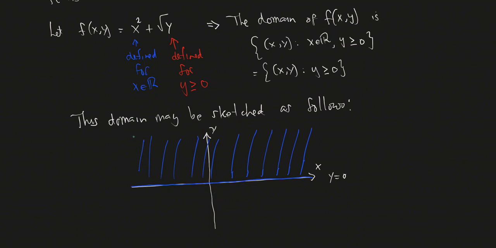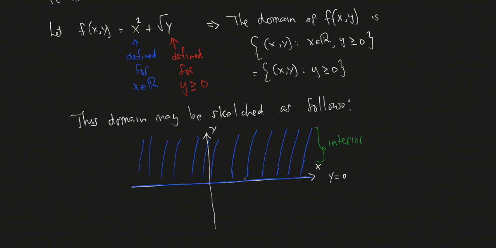Now, the points that are strictly above the line, this part here, this is called the interior of the domain. These are all the points inside the domain.